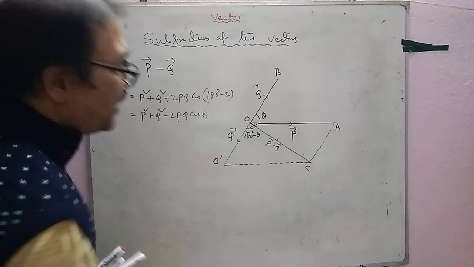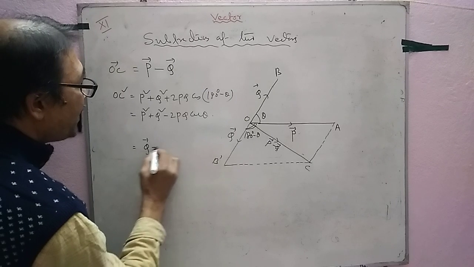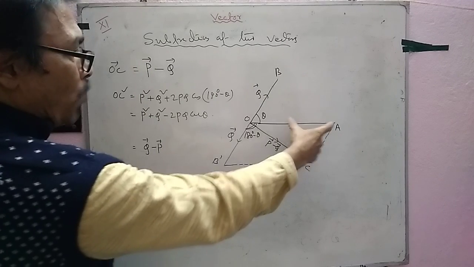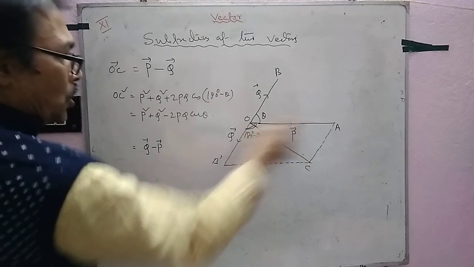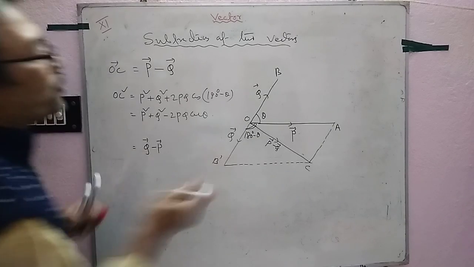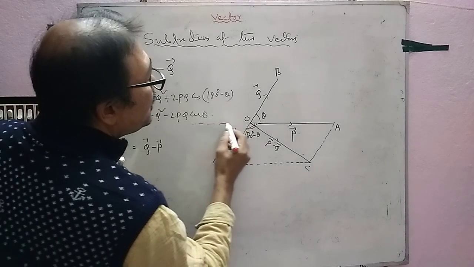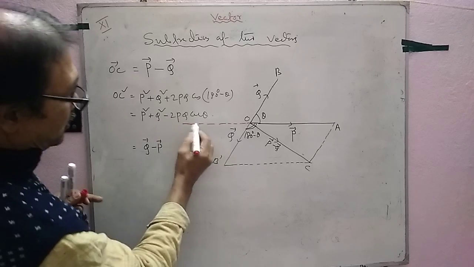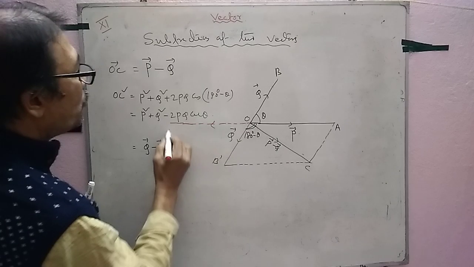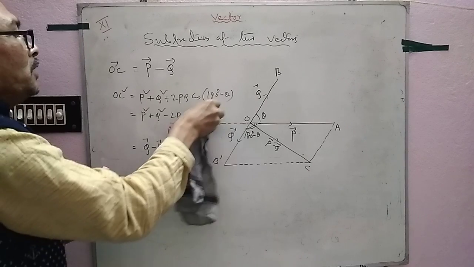ঠিক একই ভাবে, in a similar way, if we want to find out Q vector minus P vector, then we have to draw equal and opposite of P vector, that is OA dash, in this way. Follow? In this way, to find Q minus P, this is equal and opposite, suppose this is OA dash. এটাকে আমি মুছে দিলাম, ইরেজ করে দিলাম.